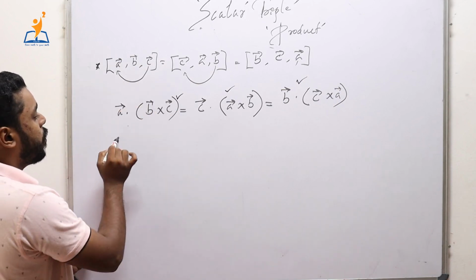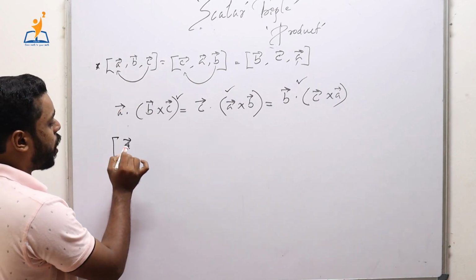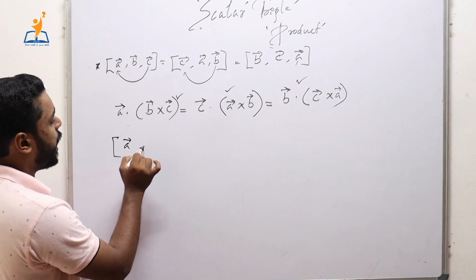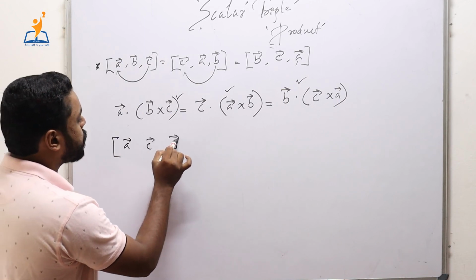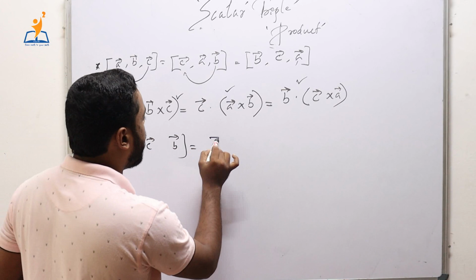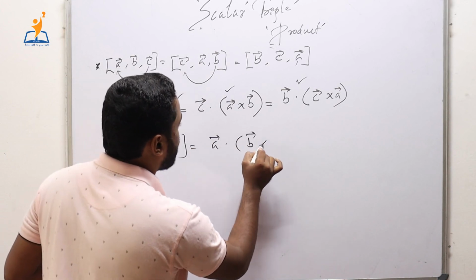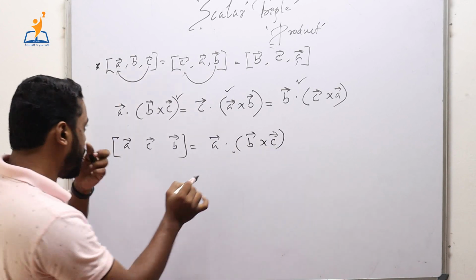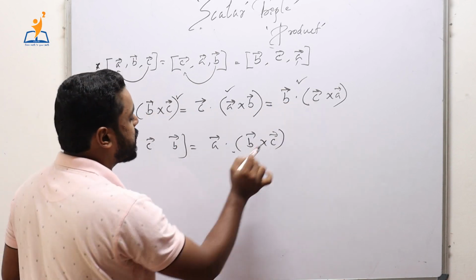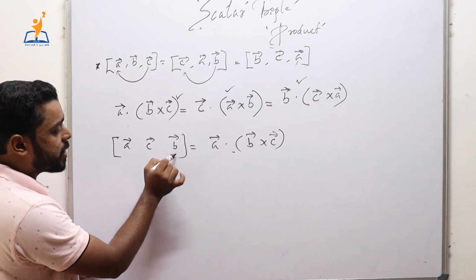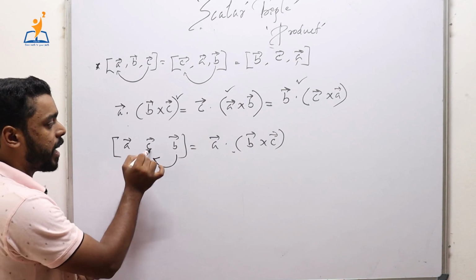But what happens if we are given the box product of A, C, B, which is nothing but A dot B cross C? Always remember that this thing cannot be equal to any of these, because this transfer is not cyclic.